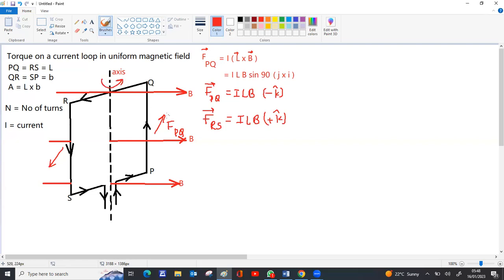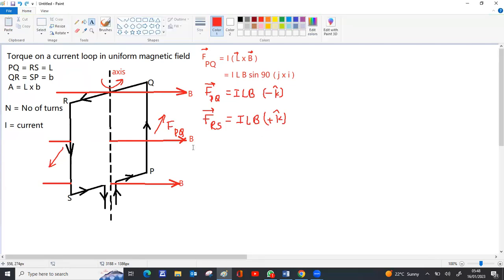The QR and SP forces both act opposite and in the plane, up and down. So one force is upward and one force is downward, which is acting along the plane, not normal to the plane. So that will not produce any torque.